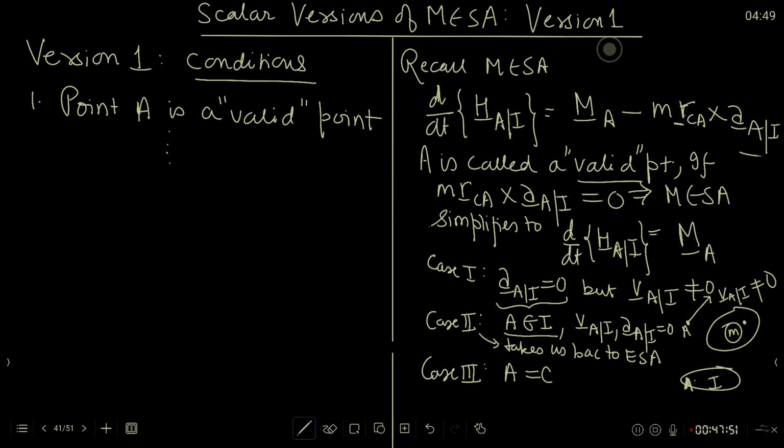A is equal to C. And if A is equal to C, whether C is accelerating or not, moving or not with respect to I, nothing matters. As long as A is equal to C, the extra baggage term is gone. All your JEE problems you solved here. This form of MESA.